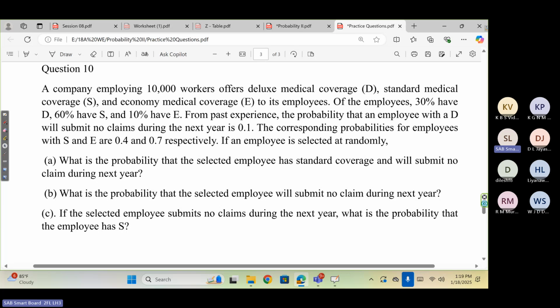First step, we need to draw the tree diagram. There are three medical coverages: deluxe, standard, and economic. Then what are the probability values? First one is 0.6, then 0.3, then 0.1.